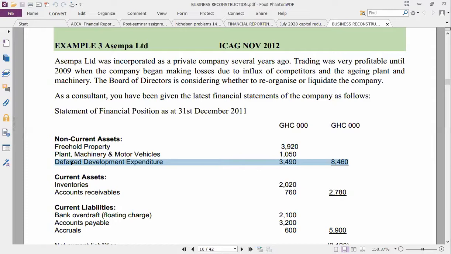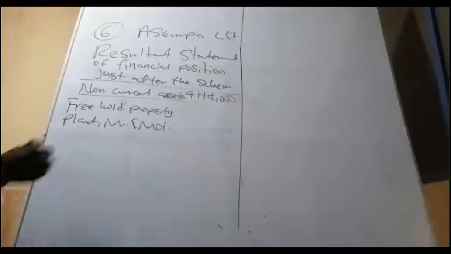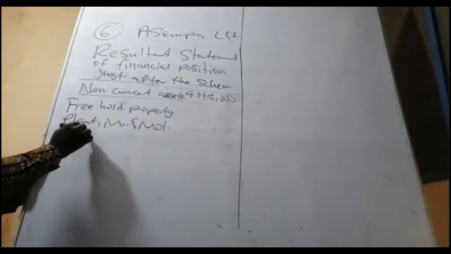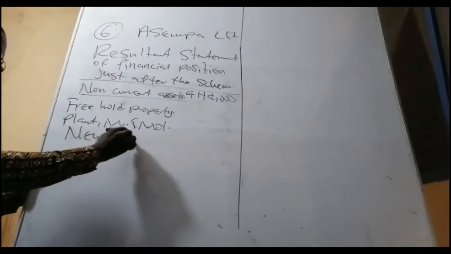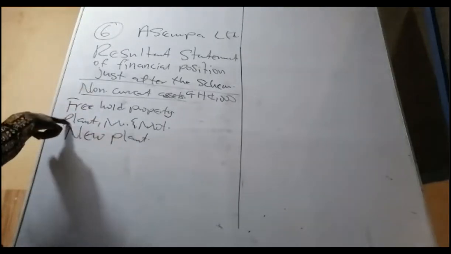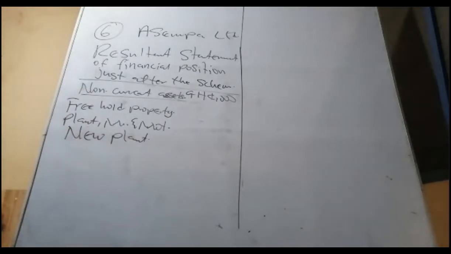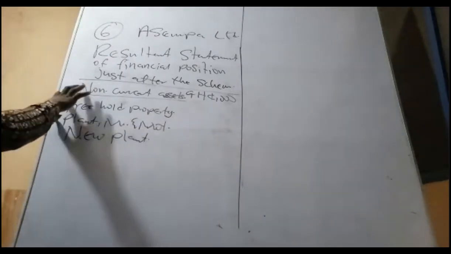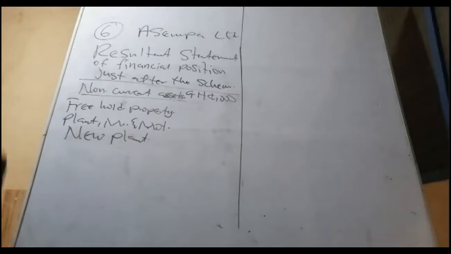The new plants, you can show them separately, or you can add them to the existing plants. You can also write new plants here. That's all. So for the freehold and plants, give me the going concern values. You can see this in step number 2, the going concern value.